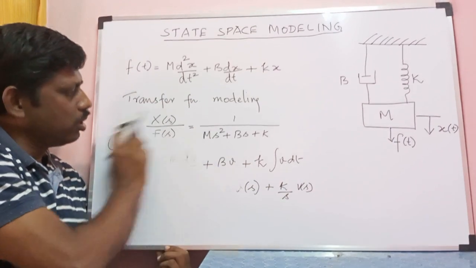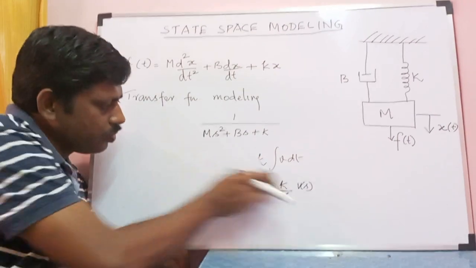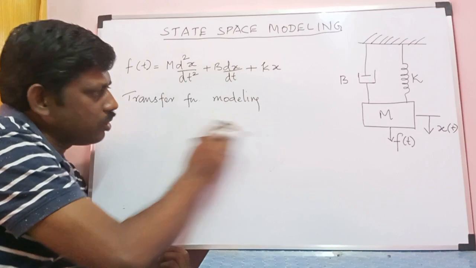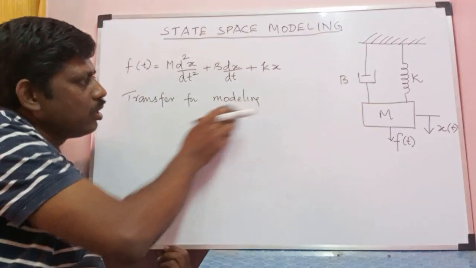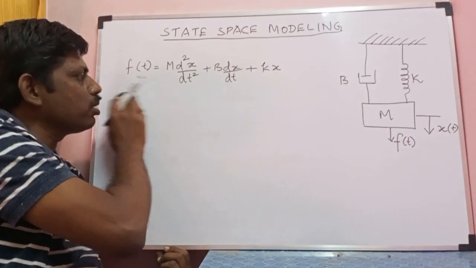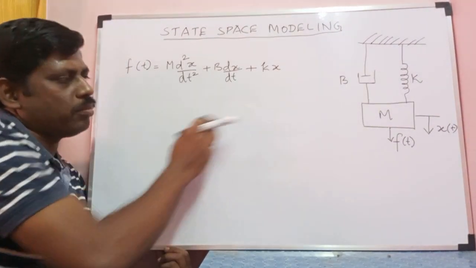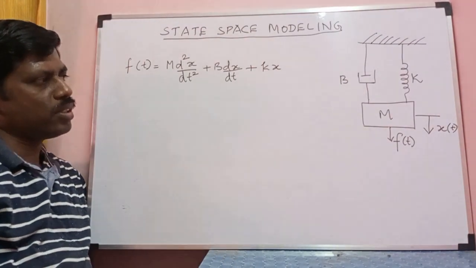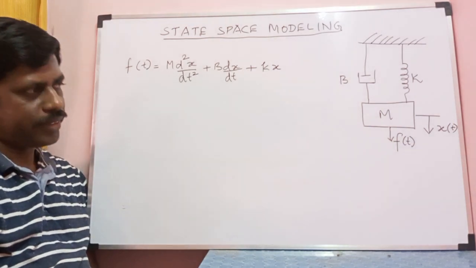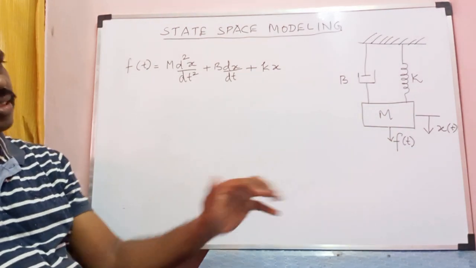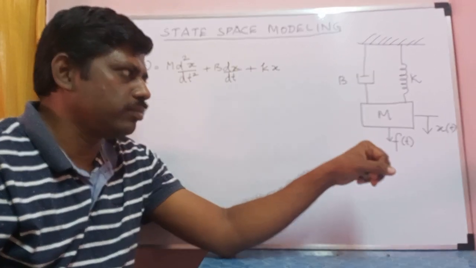We will remain in the time domain itself and we will just bring in all the variables which are going to change with respect to time. So if you take this mechanical system itself, what are the variables that change with respect to time in this?